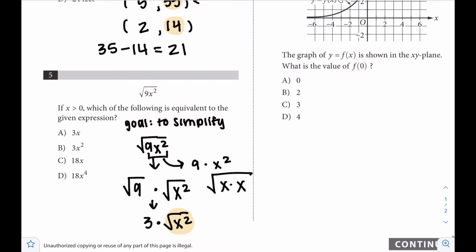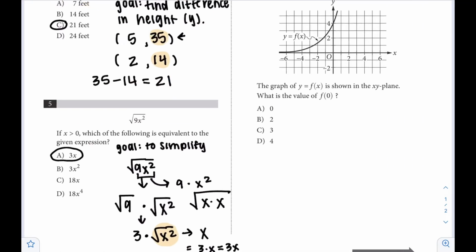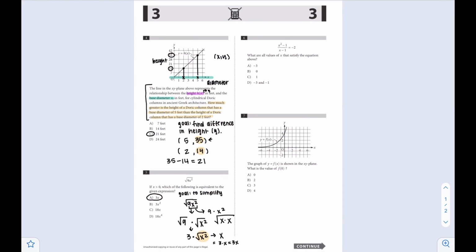So we can simply rewrite this as just x, because it is squared, and so it's simplified to just x. So we now know that we have 3 times x, which is just 3x. And if we look at our answer choices, we see that A is in fact 3x. So that's question number 5.